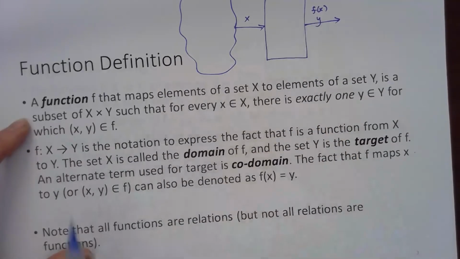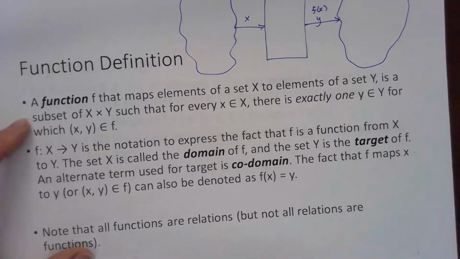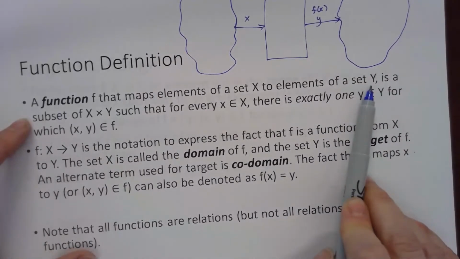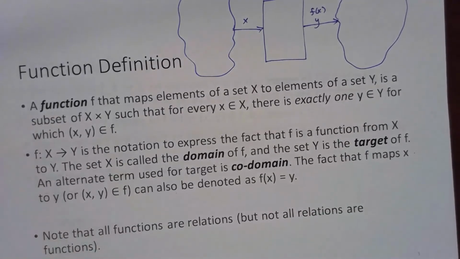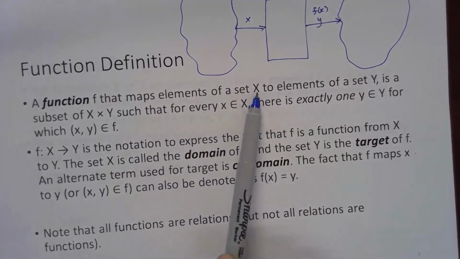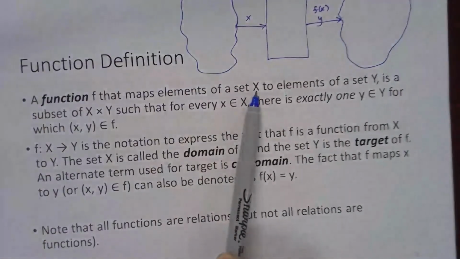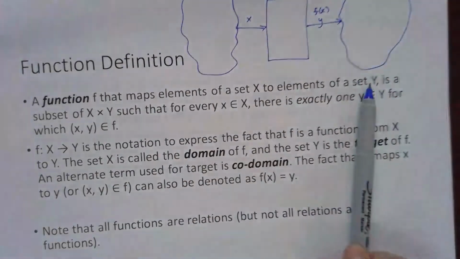When I collect all the different values that could be produced, I would put those in a set capital Y. So the formal definition: a function maps an element of set x, so I take inputs from this, to elements of a set y, so these are the outputs.